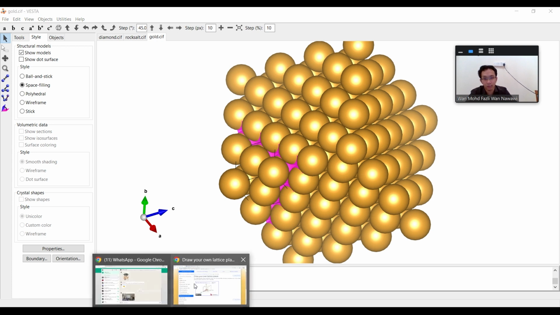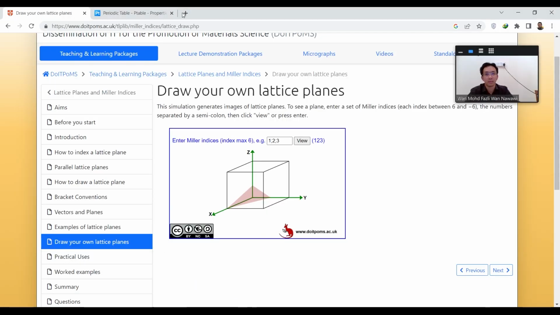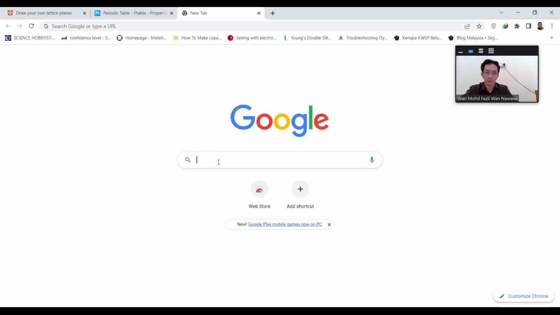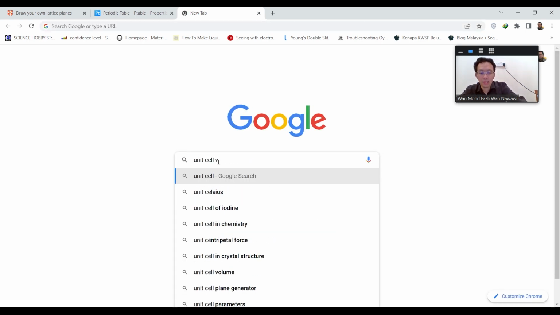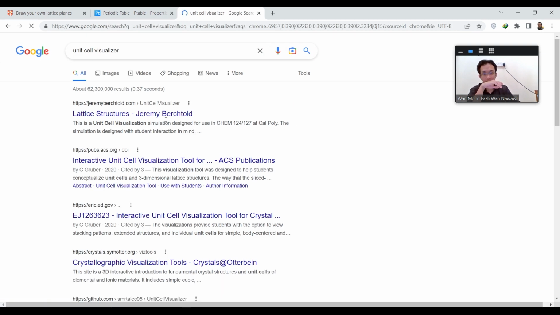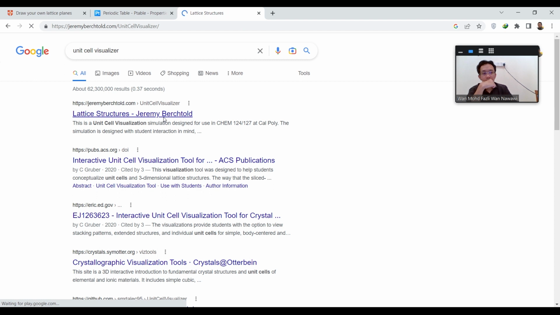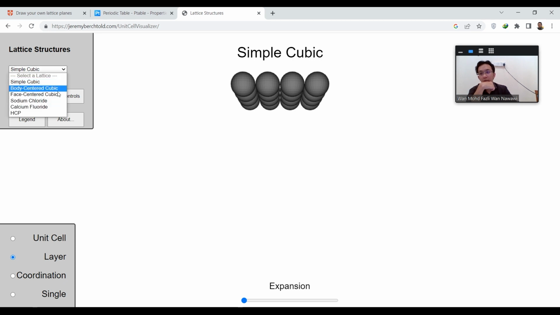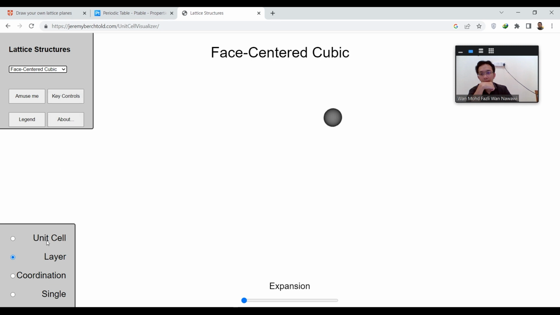I think much easier if I open unit cell visualizer. And then let me click here. Okay, so gold is FCC. Gold is FCC.